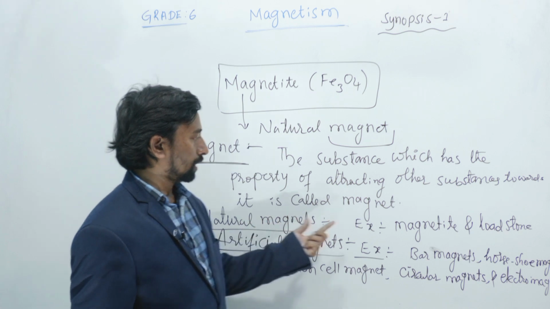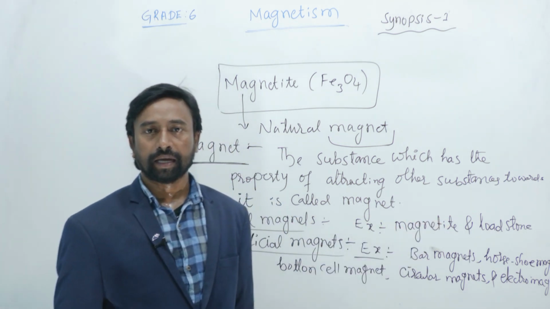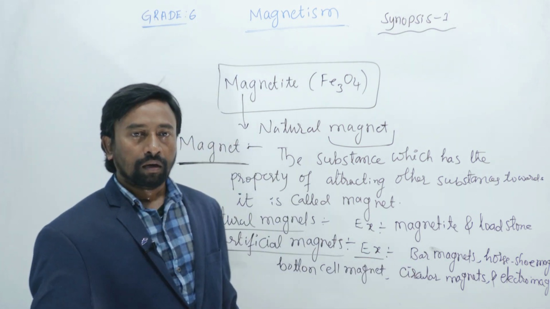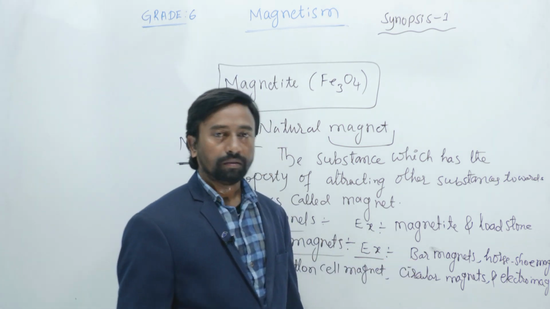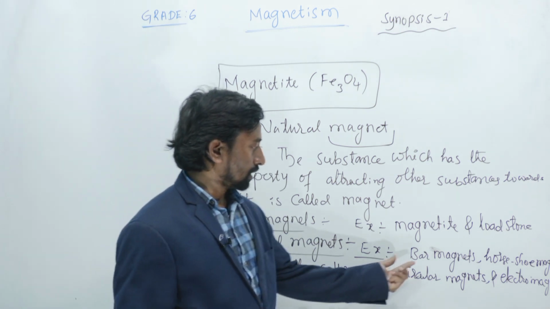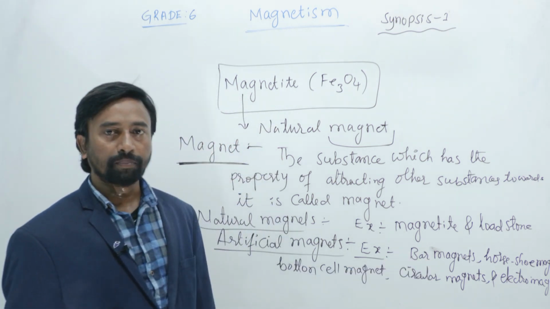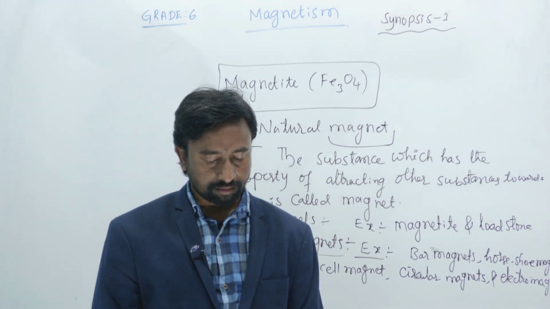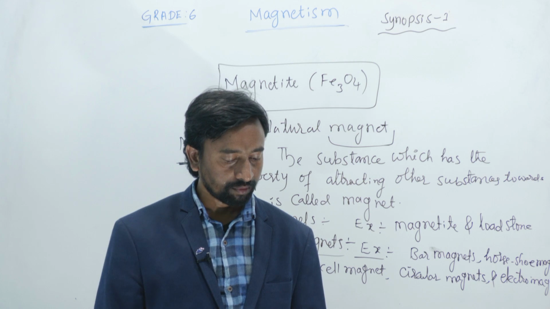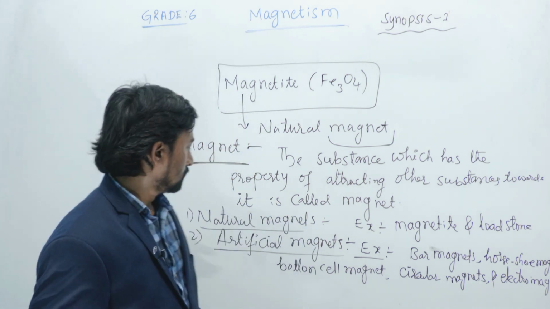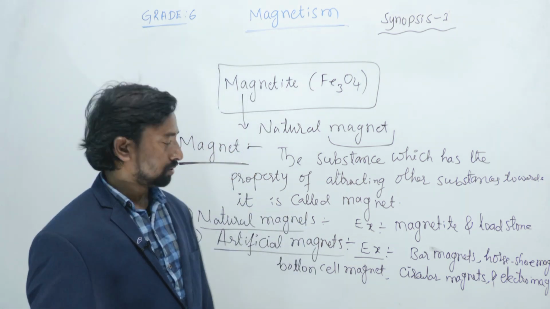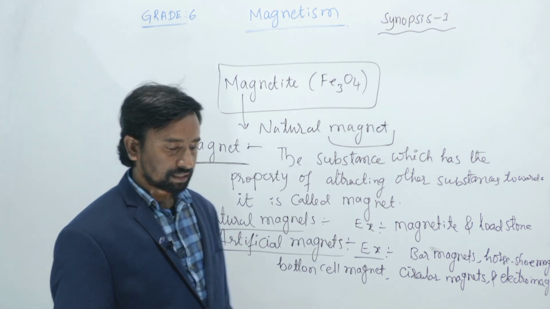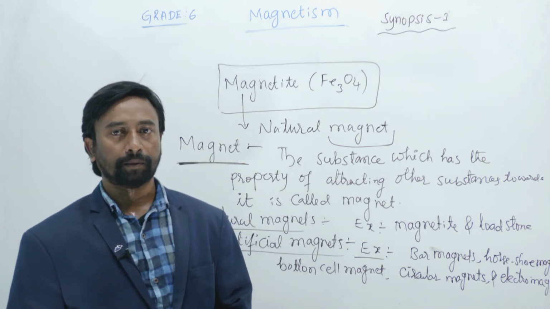The magnets which are available in nature are called natural magnets, and the magnets made by a person are known as artificial magnets, or man-made magnets. Bar magnets and horseshoe magnets are different types made based on shape.